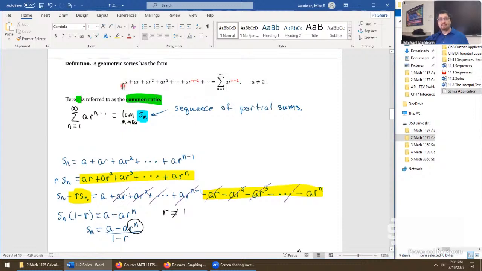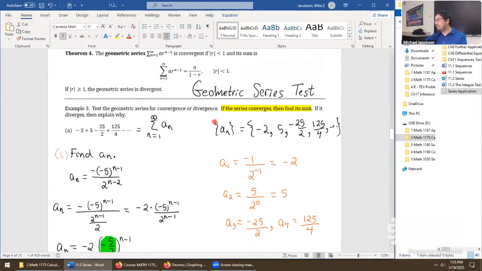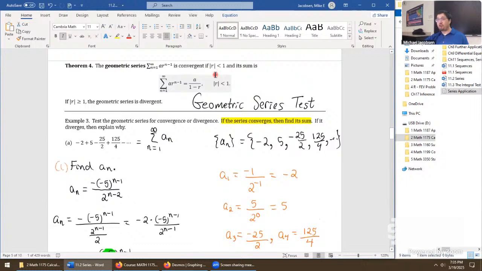If you take A, then multiply it by our so-called common ratio R, then multiply it again on the third term and again on the fourth term and so on, we have a geometric series. And this geometric series, well, it sometimes converges. When it converges, it's because the common ratio R is less than 1 in absolute value.